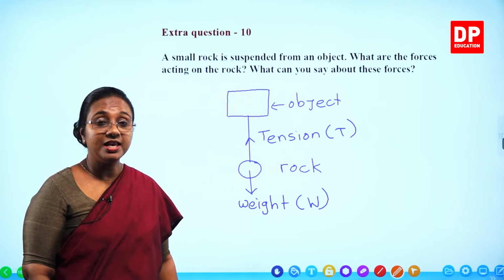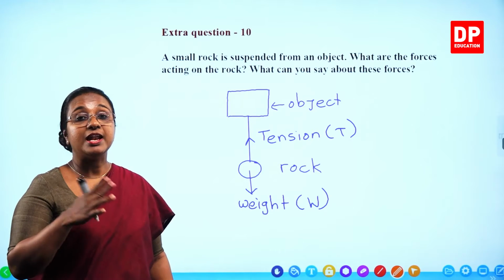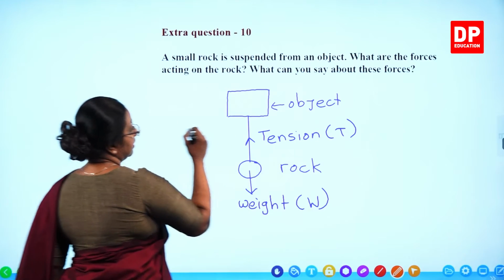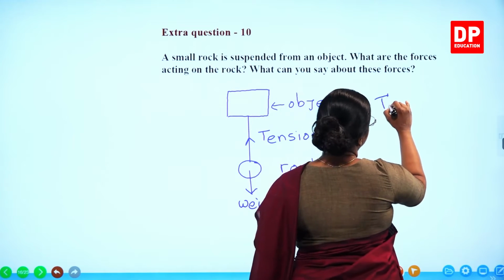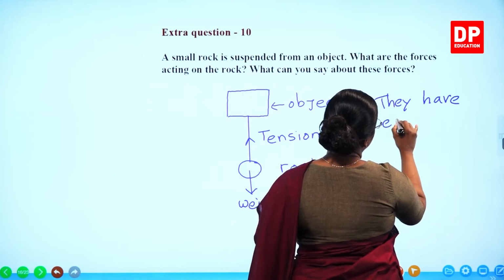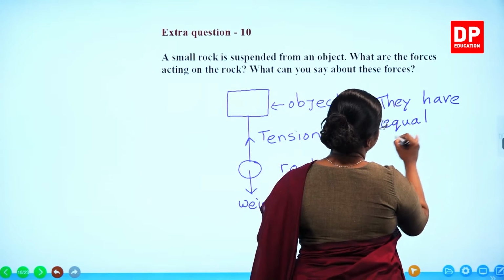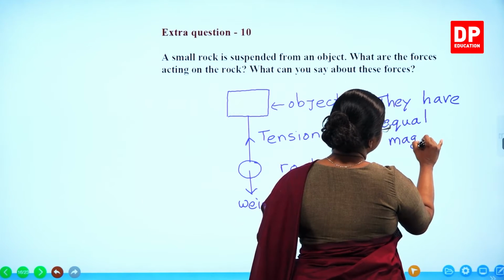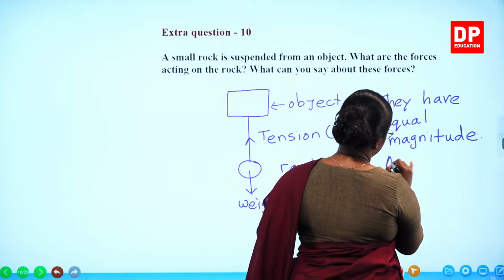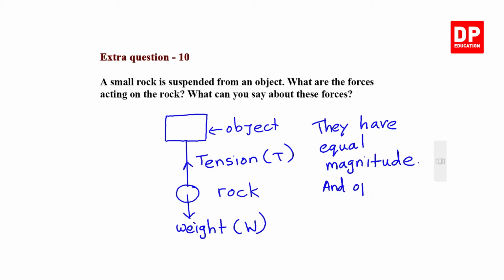They are equal in magnitude and opposite in direction. So we can say they have equal magnitude and opposite direction.